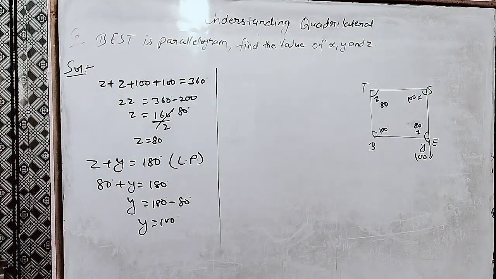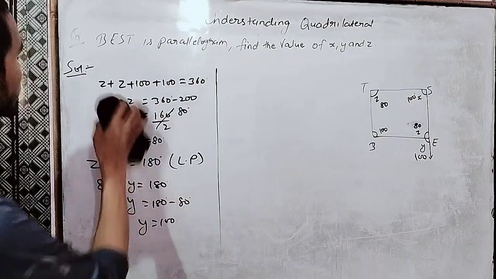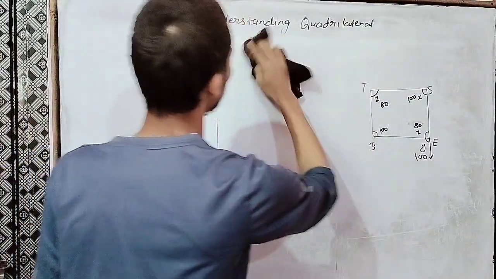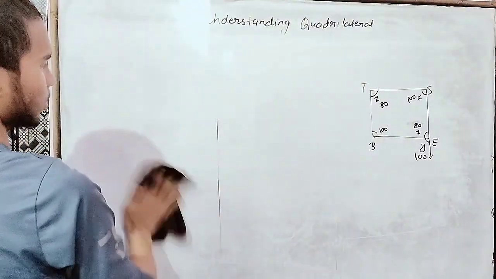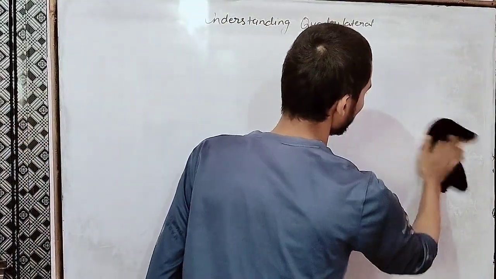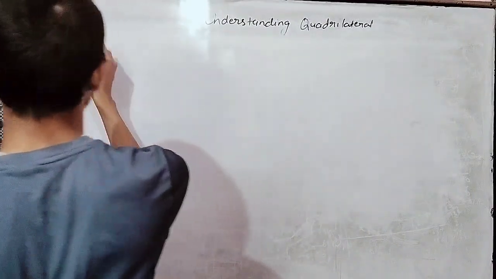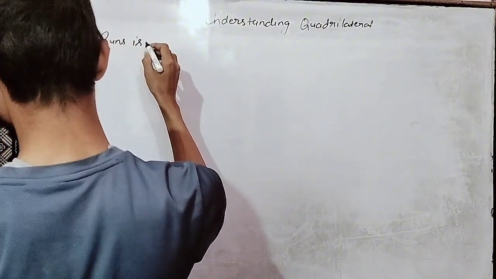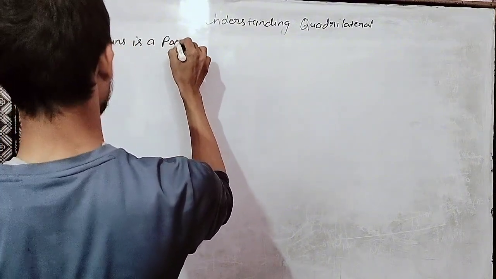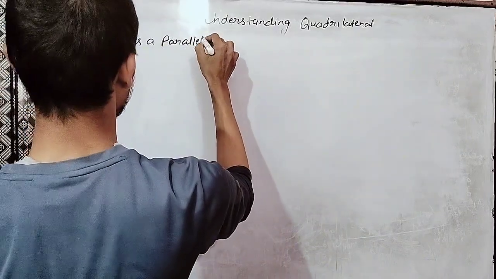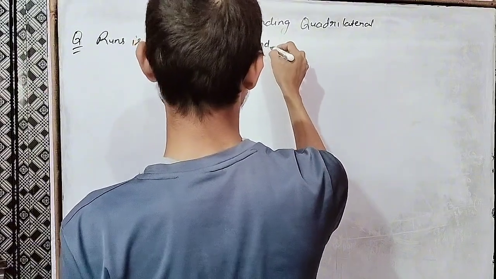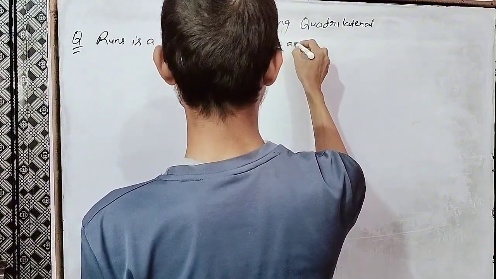Now we are moving to the next question. It may be a little complicated, okay, but it can be solved effectively. Next, RUNS is a parallelogram. Find x and y.